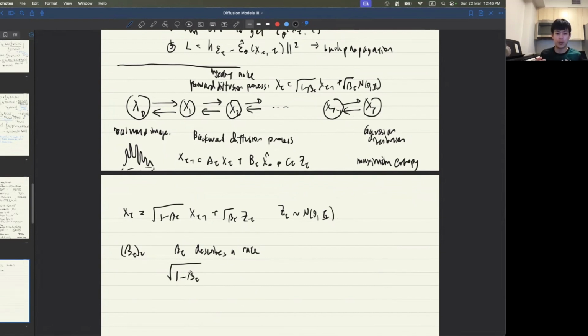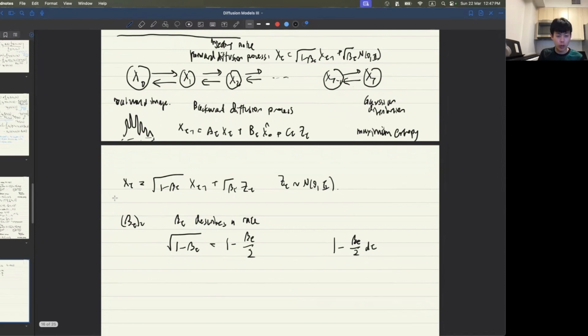So remember the principle that we want the signal to degrade slowly across each infinitesimal time step. So if beta t is something infinitesimal, this square root 1 minus beta t will be, like by Taylor expansion, 1 minus beta t over 2. And because we are thinking about it in infinitesimal time step, really this should be something like 1 minus beta t over 2 dt.